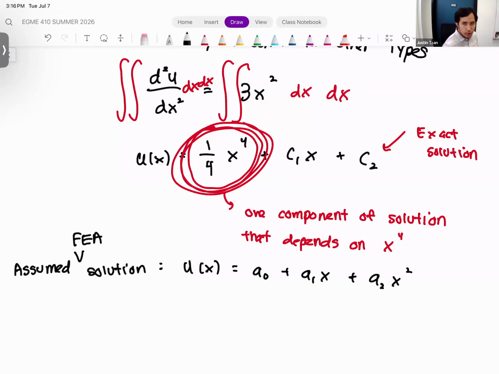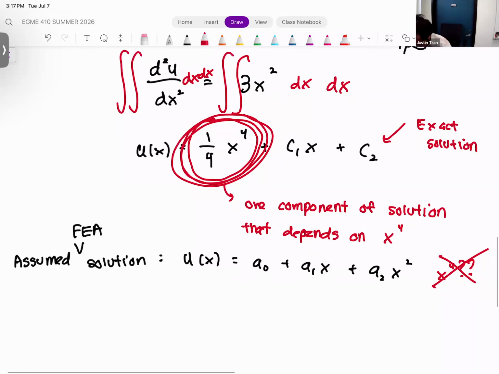If you look at our assumed solution here, you'll see that there are no terms that have x to the fourth. So no matter what we obtain for the coefficients, no matter what we solve for A0, A1, A2, it will always be impossible for this assumed solution to match the exact solution exactly, just because it doesn't have that x to the fourth term.